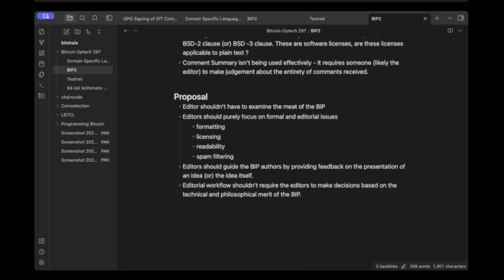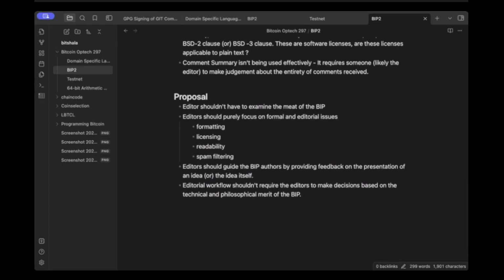And also, the editor should spend more time guiding the BIP's author by providing feedback on the presentation of the idea and the idea itself. So rather than going into judging, the editor should more like guide the BIP authors.